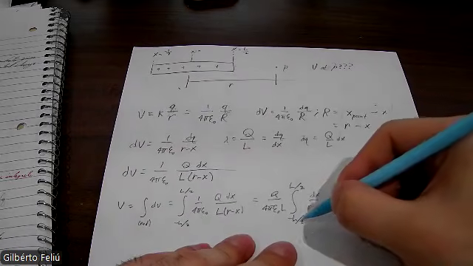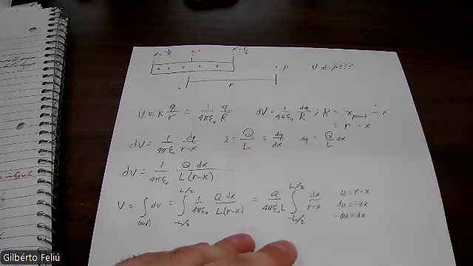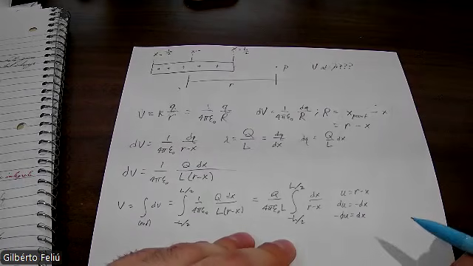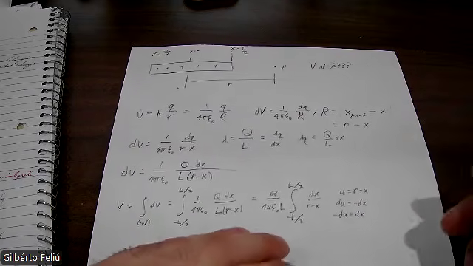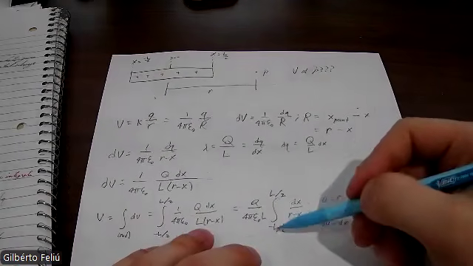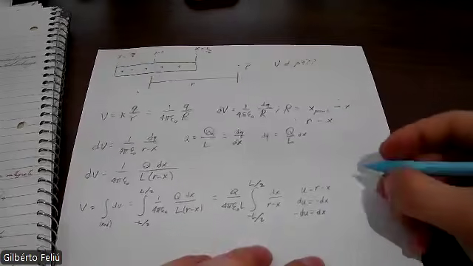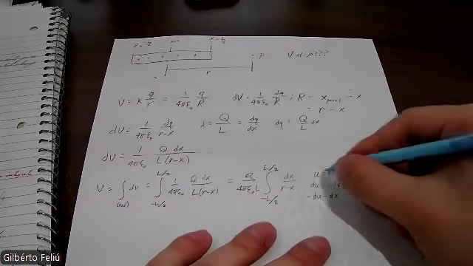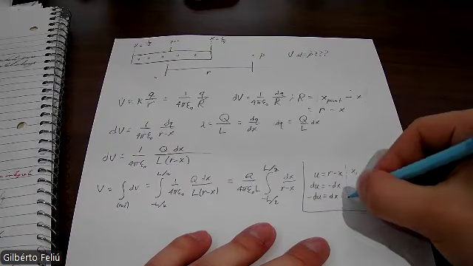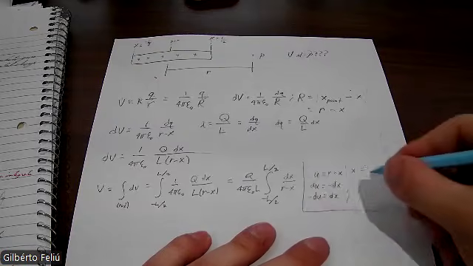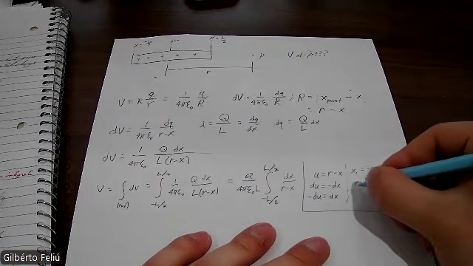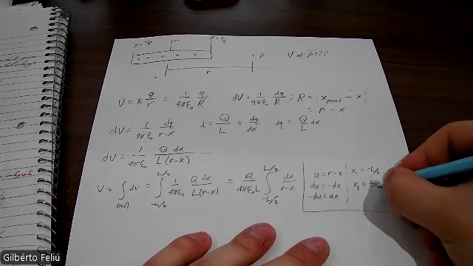And x equals negative L over 2, x equals L over 2. Since we're putting the integral in terms of this new variable u, we should convert these bounds. Let's say x1 is equal to negative L over 2 and x2 is equal to L over 2.